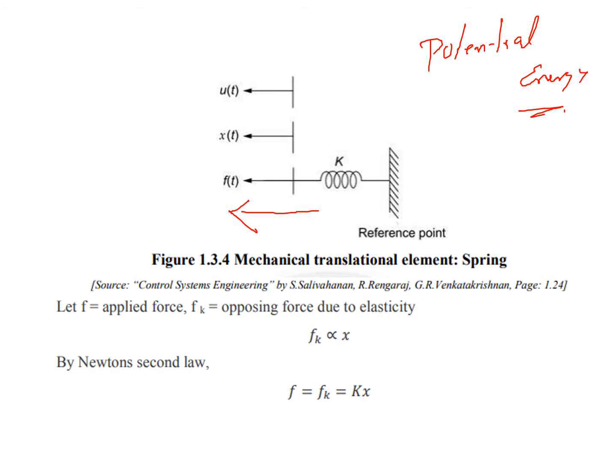If a force is applied on the spring with constant K, then it will experience an opposing force due to the elastic nature of the spring, and this will be proportional to the displacement experienced by the spring.